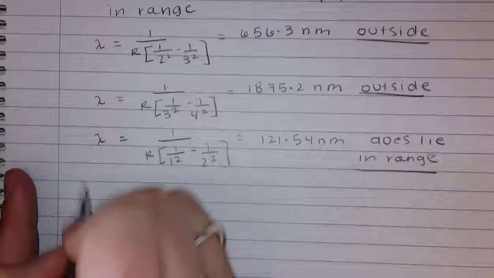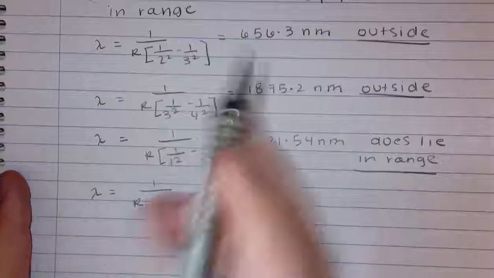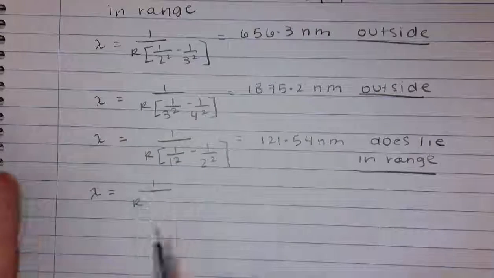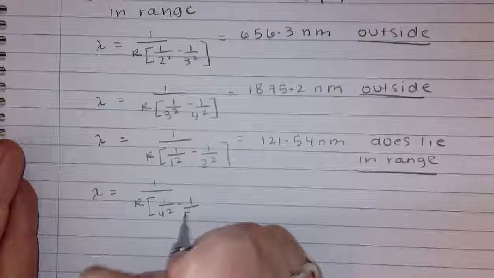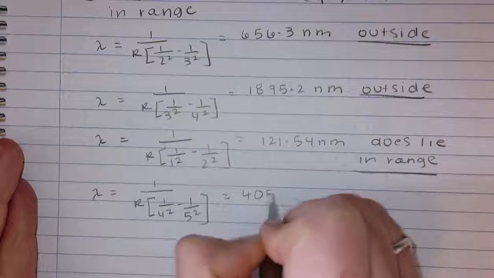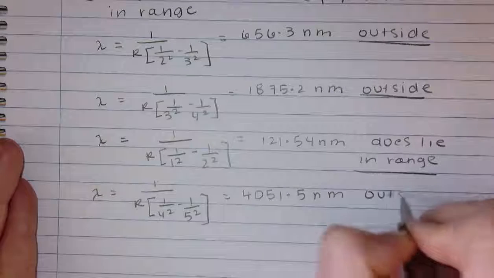And just to double check our last value, which is corresponding to m equals 4 going to n equals 5, we're going to get a wavelength of 4,051.5 nanometers, and this is outside our range.